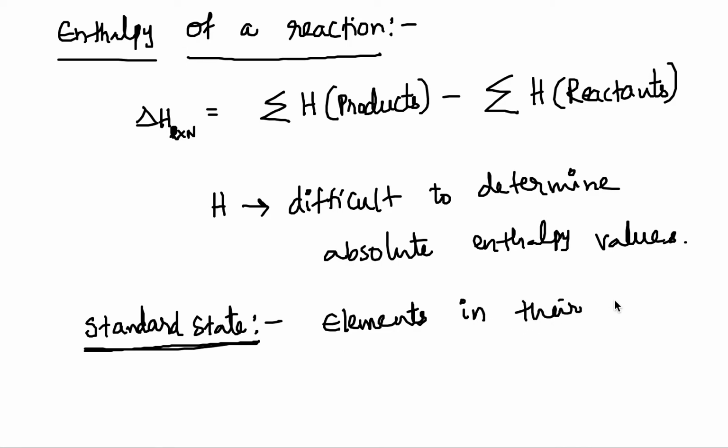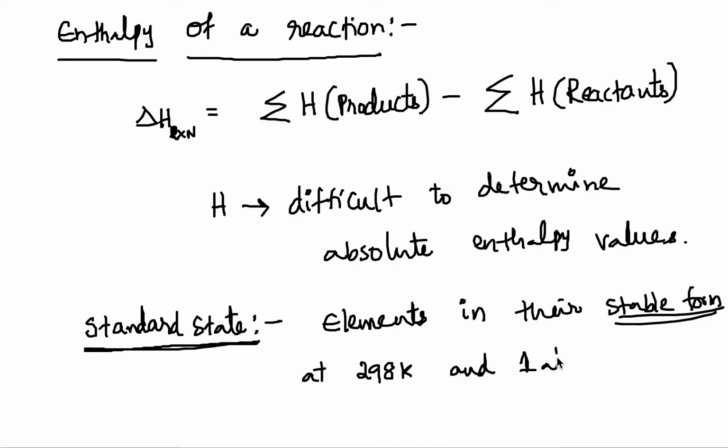The word stable form is very important. Stable form at 298 Kelvin, that means 25 degrees centigrade, and 1 atmospheric pressure is taken as the standard state, and the enthalpy assigned to the elements when they are in their stable form at this temperature of 298 Kelvin and 1 atmosphere is 0.